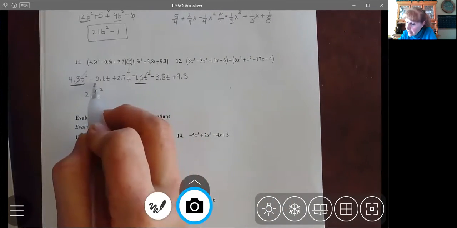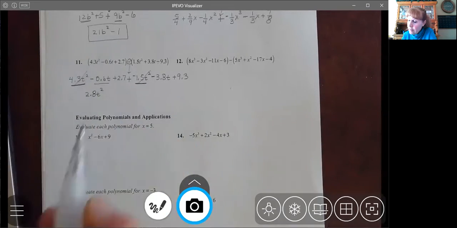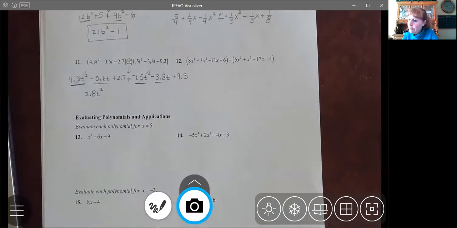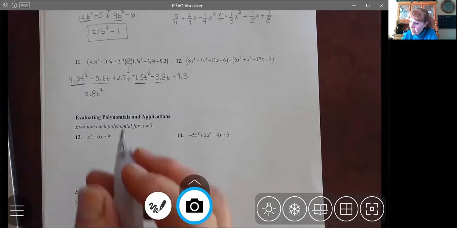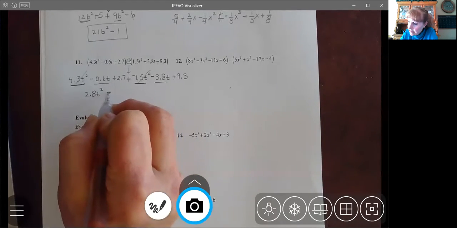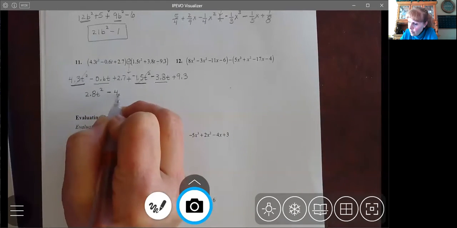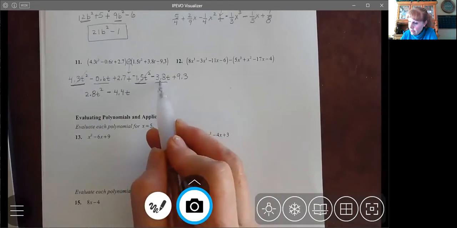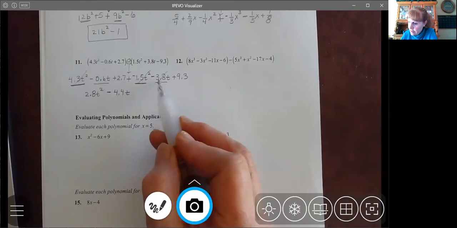I've got a negative 0.6t and a negative 3.8 t, and that will give me a minus 4.4 t when I combine those two coefficients.